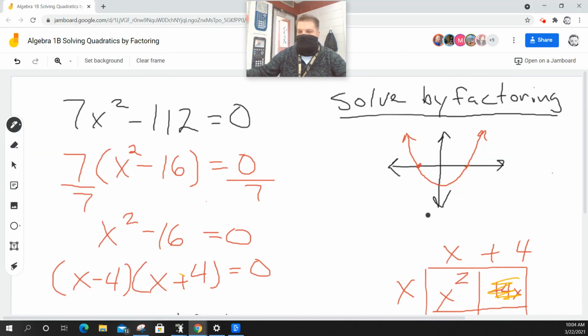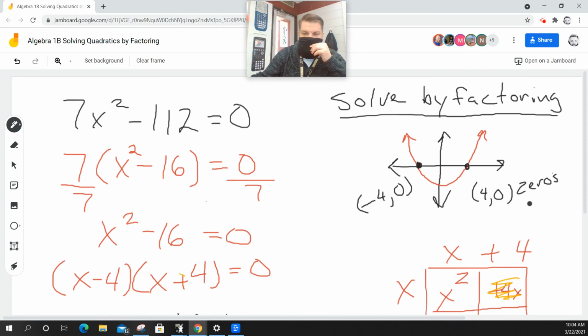So I'm gonna sketch this out right here. Where does it cross? Well, it crosses at negative 4, comma 0. That's the first solution. And this is positive 4, comma 0. So those two terms are the zeros, or solutions.